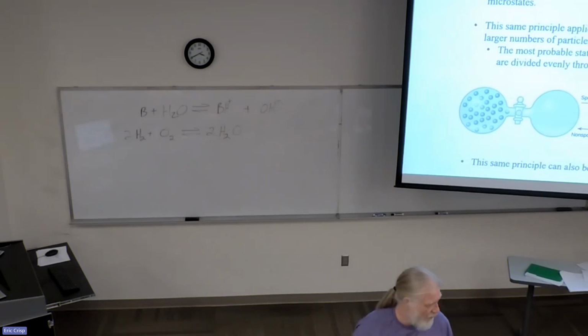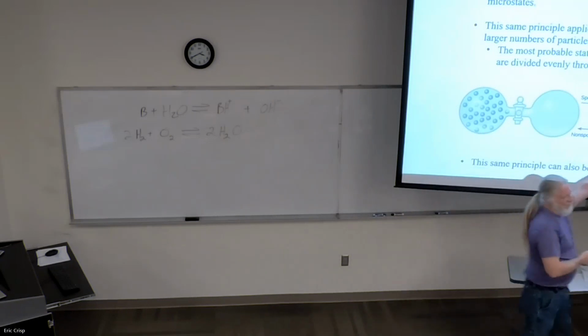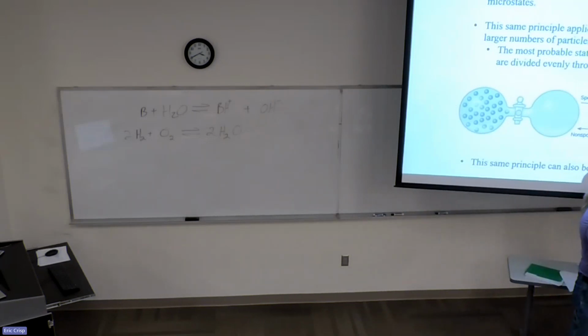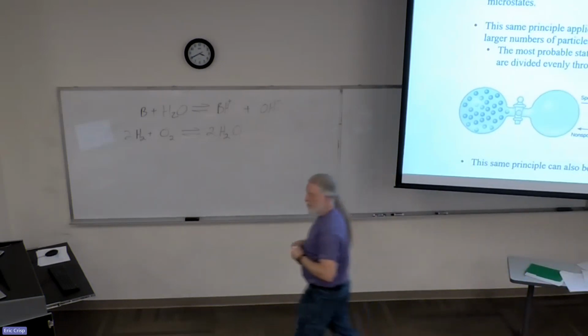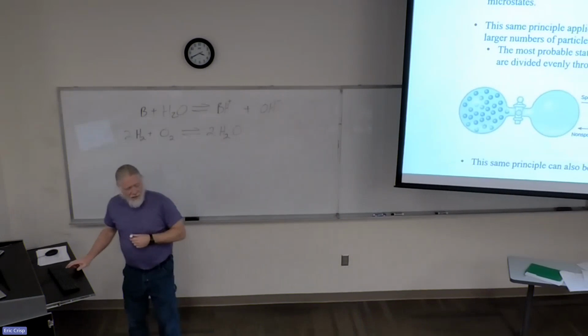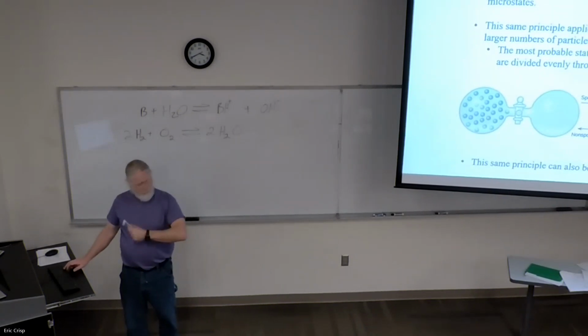And 300 is going to be a lot more than that, right? So you see, you're pretty well guaranteed to get the spread out version. That's the idea of the second law of thermodynamics, that you're going to get the spread out version. The heat flow is going to spread out as much as possible.